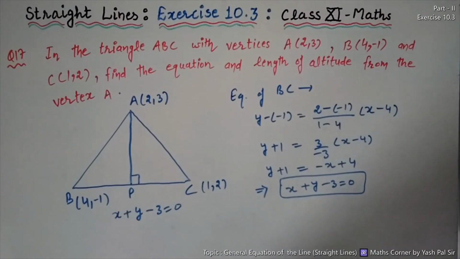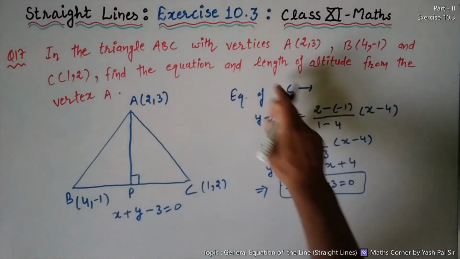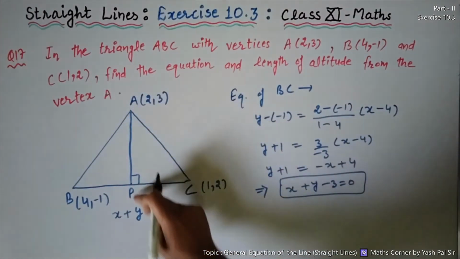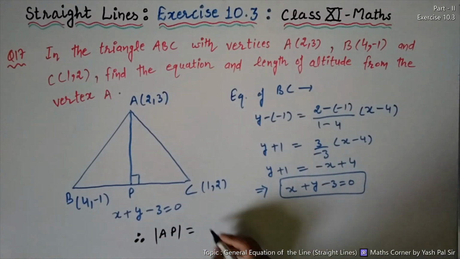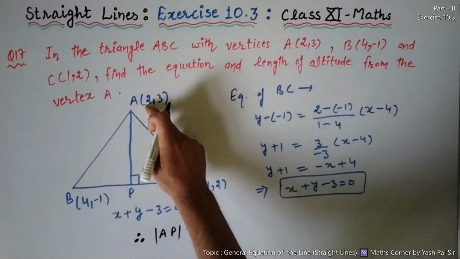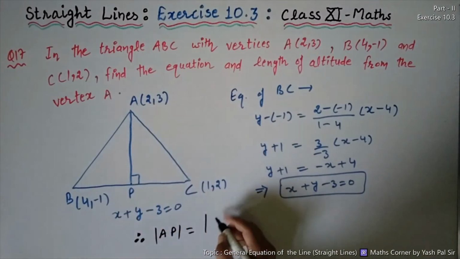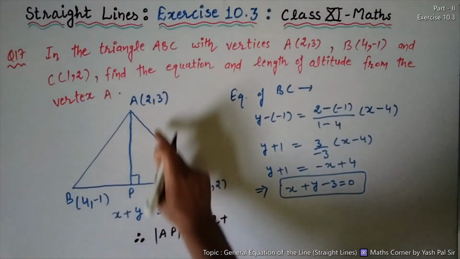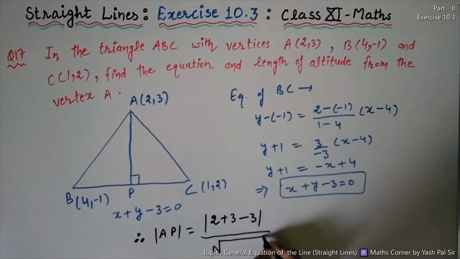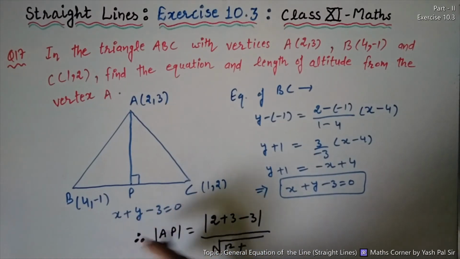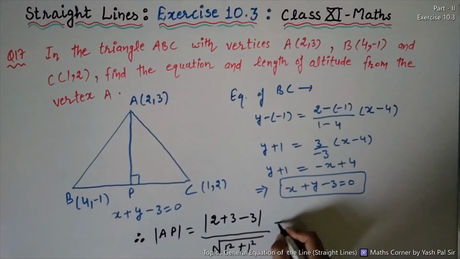Now what is the question? Find the length of altitude AP. Therefore AP distance is equal to modulus of, in place of x we put 2, plus in place of y we put 3, minus 3, divided by square root of coefficient of x, which is 1, its whole square, plus coefficient of y, which is 1, its whole square.